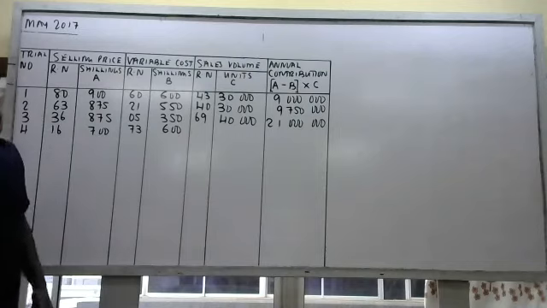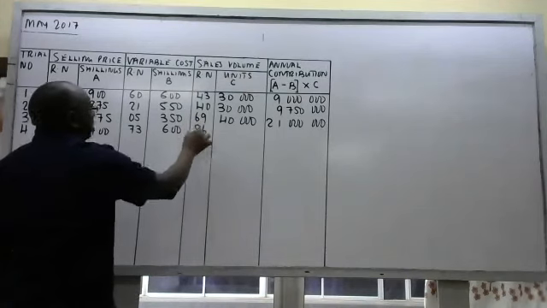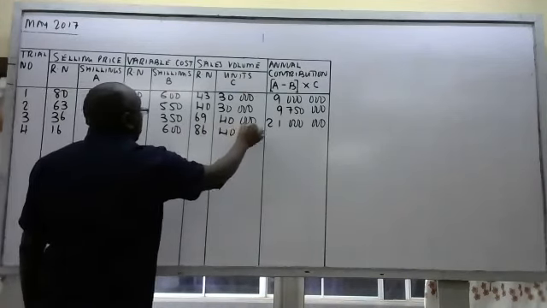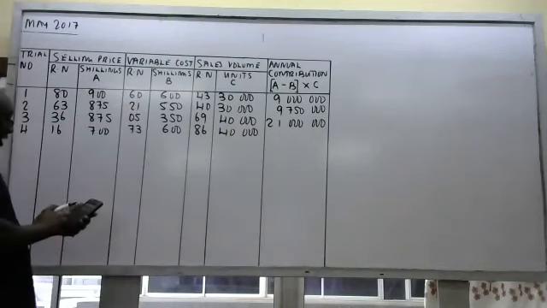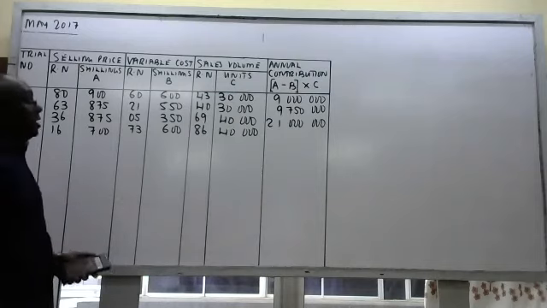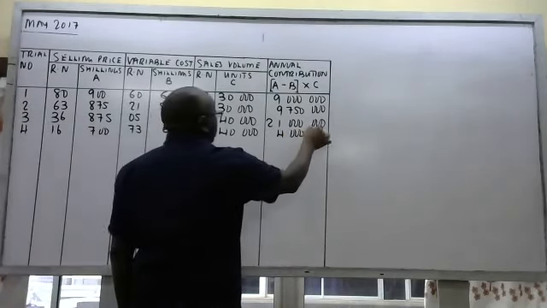The next random number after that is 86. 40,000. So if you say 700 minus 600 times 40,000 is 4 million.